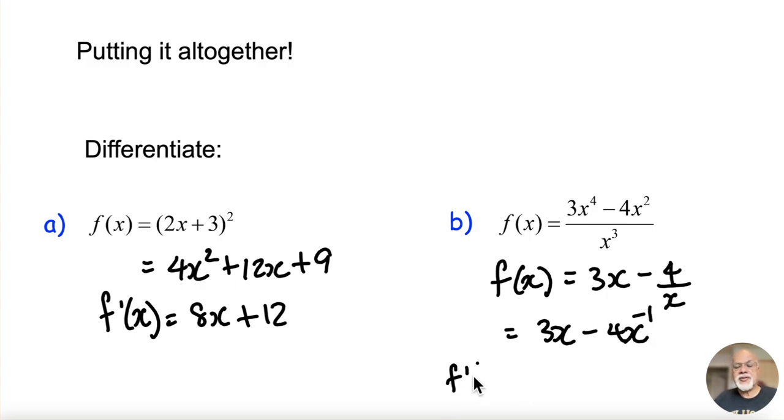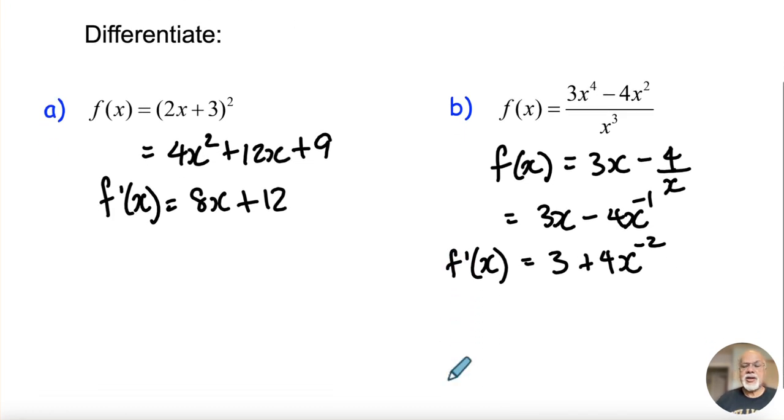And so the derivative would just be the derivative of 3x, which is 3, and the derivative of the second term. Again, the negative 1 comes down, gets multiplied by the negative 4, so that's plus 4x, and reduce the exponent of x by 1, so that becomes negative 2. And so we end up with 3 plus 4 over x squared.